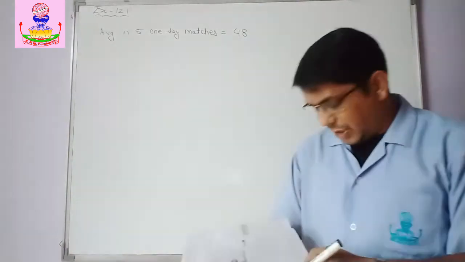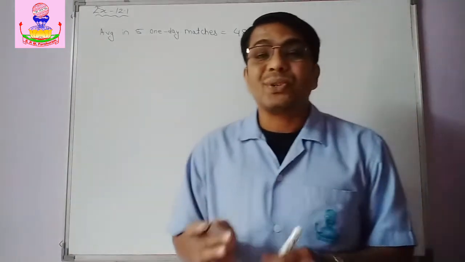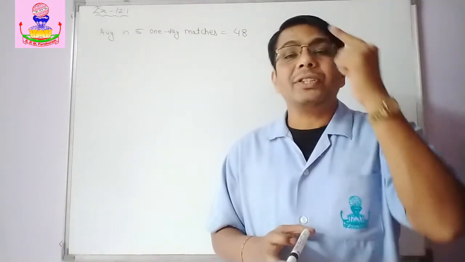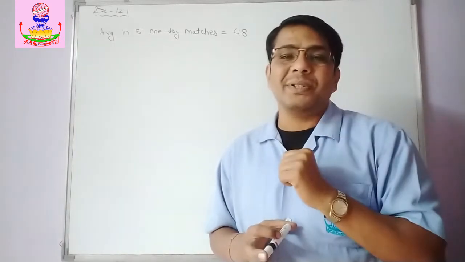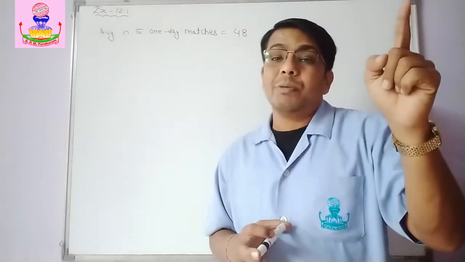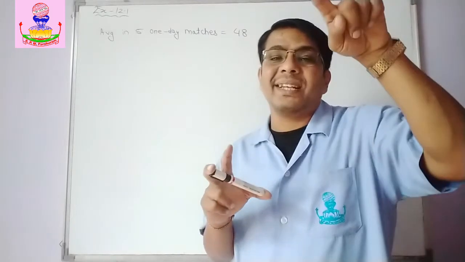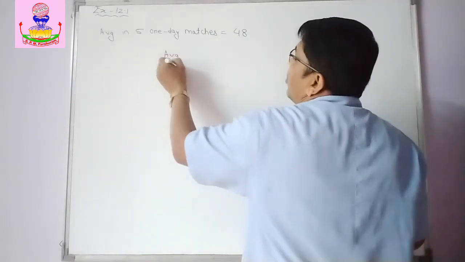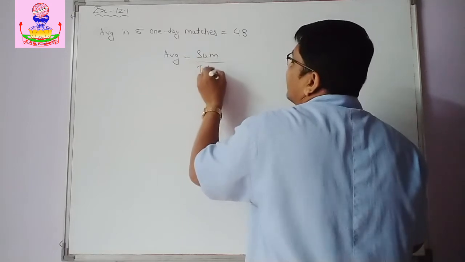Now if I know the average in 5 one-day matches, can I get runs scored in 5 one-day matches? Yes, I can. How? I know average is equal to sum of runs scored divided by total number of innings. So if I bring this total number of innings to this side, it will be multiplication.